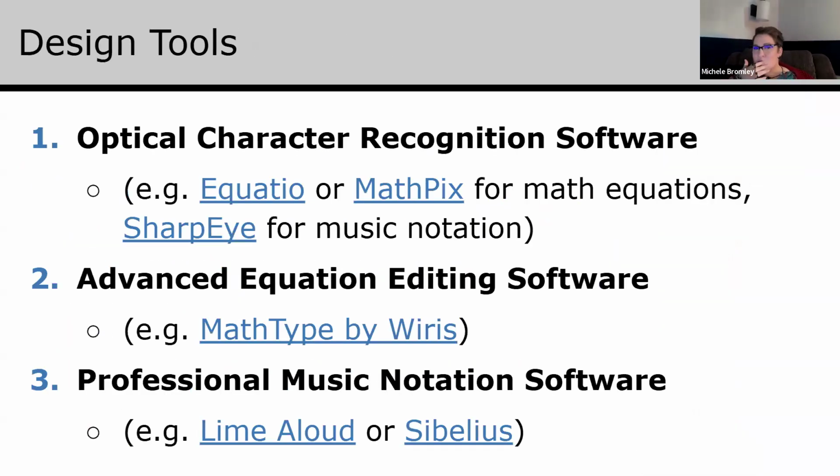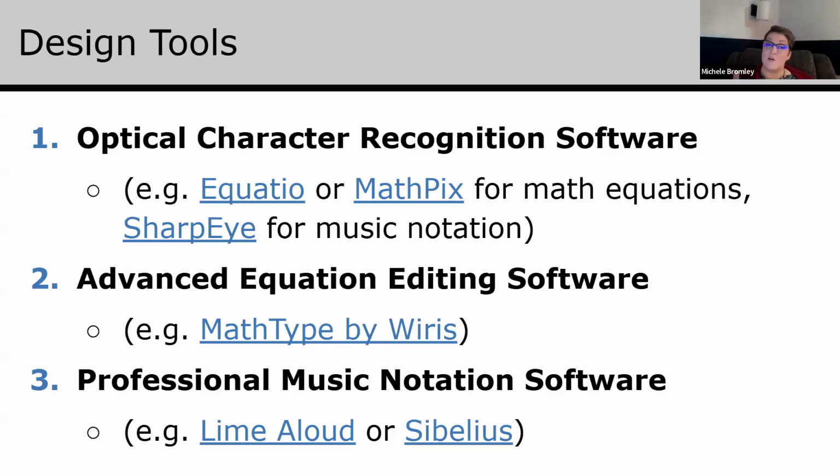Okay. So this is a quick summary of helpful design tools. Optical character recognition software, like ABBYY FineReader, for portable document format in general. Equatio or MathPix, for equations and formulas, SharpEye for music notation.